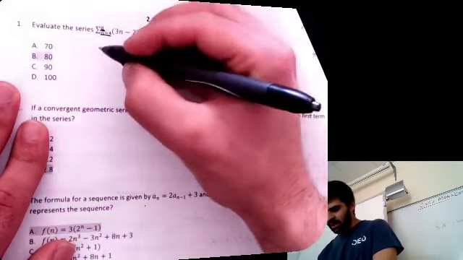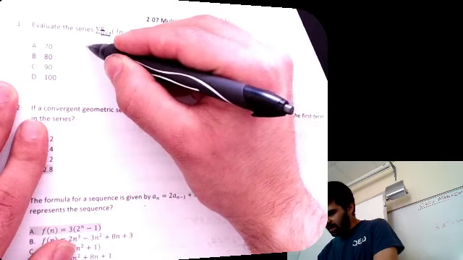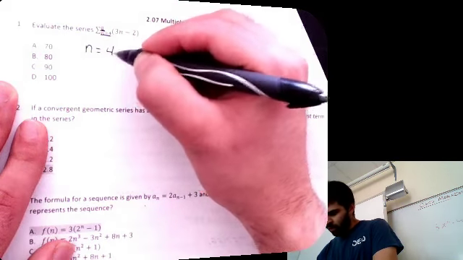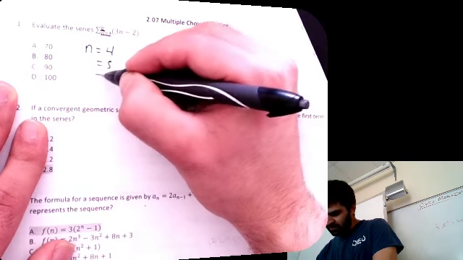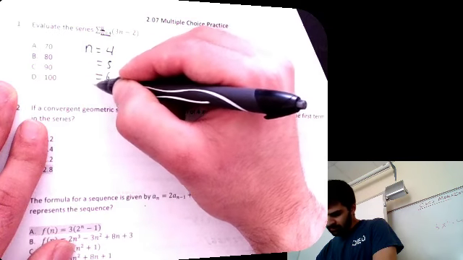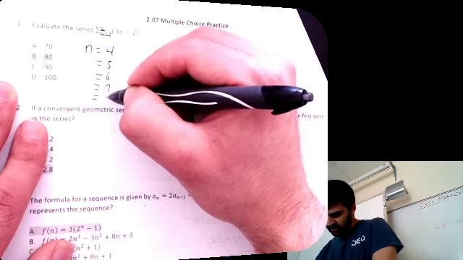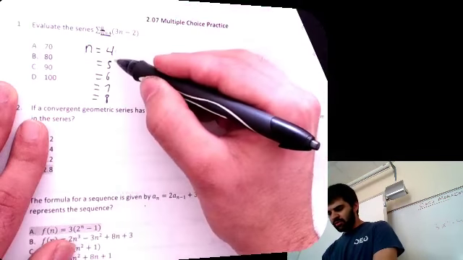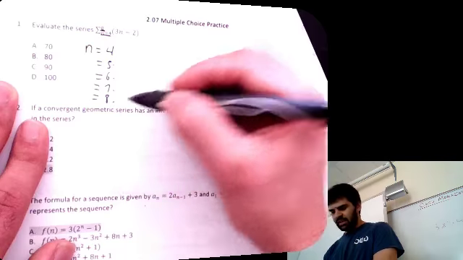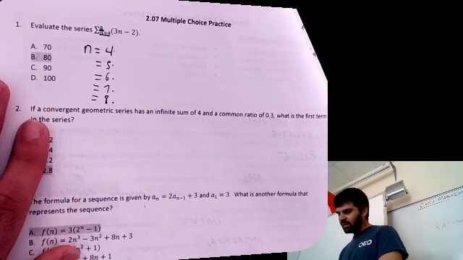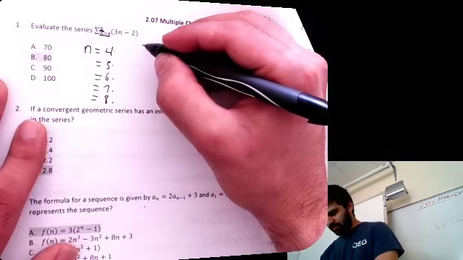So we're only evaluating the sum of when n equals 4, 5, 6, 7, and 8. So we do the 4th term, the 5th term, the 6th term, the 7th term, and the 8th term. All right? So we have 3n minus 2.